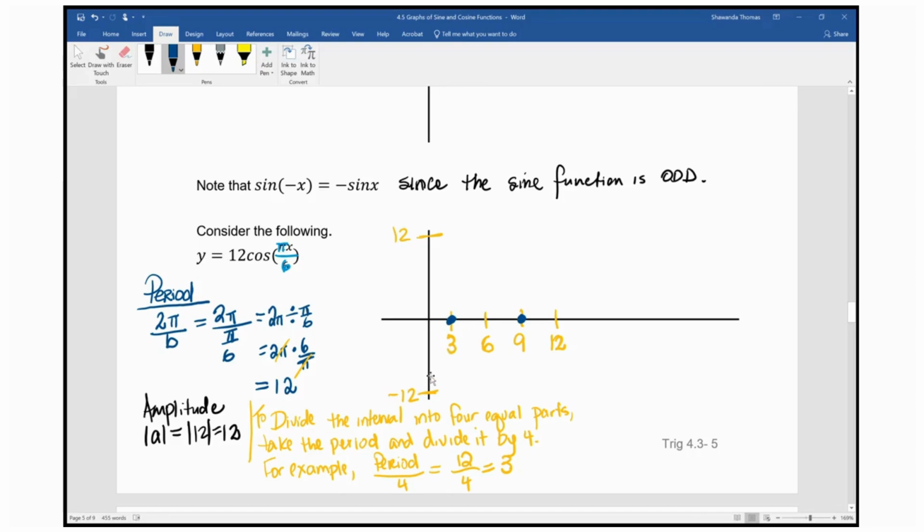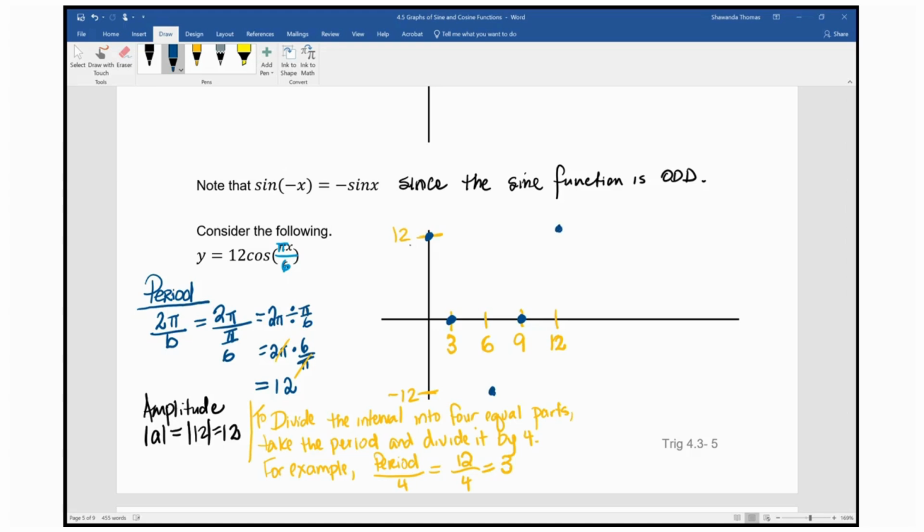But since it's not a negative there, we're going to go with what the normal cosine function looks like. So the first point is going to be the high point, so it's going to be 12. And then that middle point is going to be that low point. Then at the end, it's going to be high again.